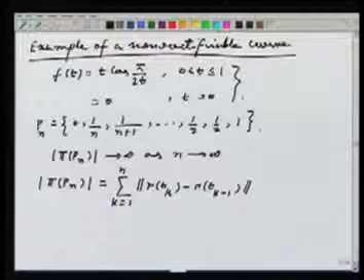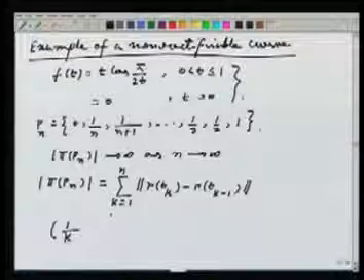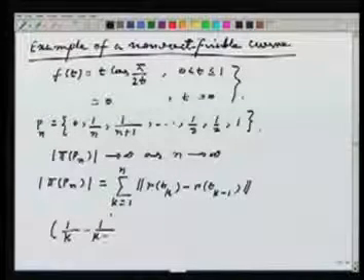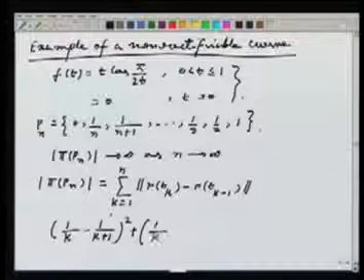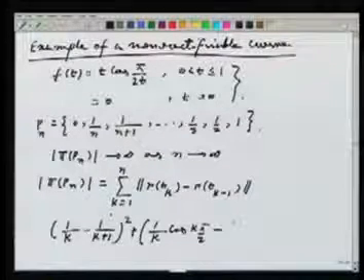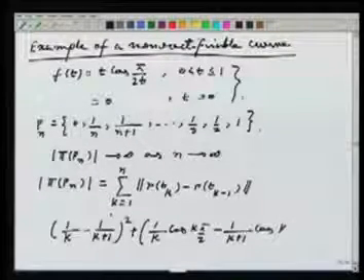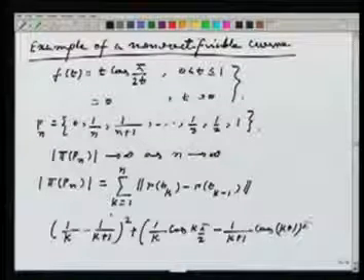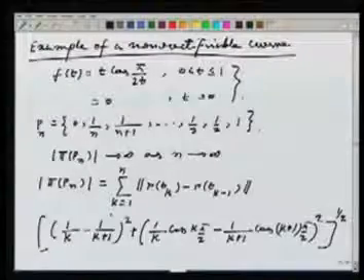If I write it in this form, all I have to do is look at quantities like the square root of (1 by k minus 1 by k plus 1) whole square plus (1 by k cosine k pi by 2 minus 1 by k plus 1 cosine (k plus 1) pi by 2) square, and then sum over k's for one partition P. Okay, k will vary from 1 to n or some such thing.